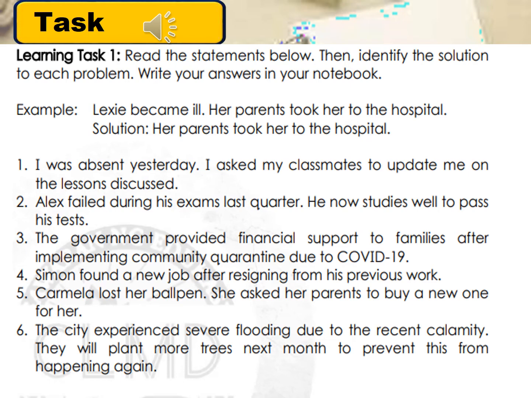She asked her parents to buy a new one for her. And number 6. The city experienced severe flooding due to the recent calamity. They will plant more trees next month to prevent this from happening again. So now, find the solution for each sentence.